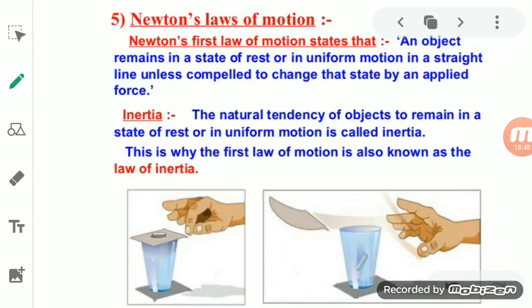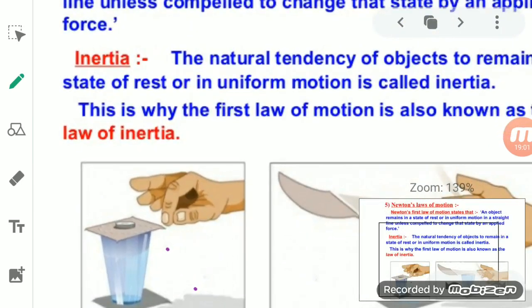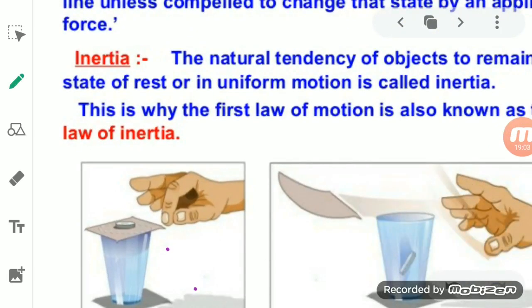Now we can apply it. Suppose we had taken a glass tumbler, and on the top of the glass tumbler we place a thick square card. A thick square card is placed on its mouth.